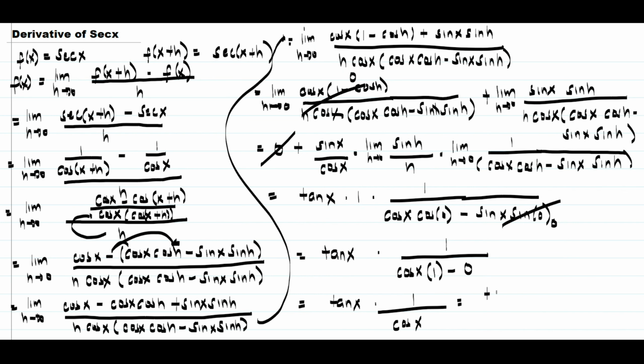So this will be tangent x times the reciprocal of 1 over cosine x, that is secant x. So we can write our answer as secant x tangent x. Therefore, this is the derivative of secant x, and this will be our answer.